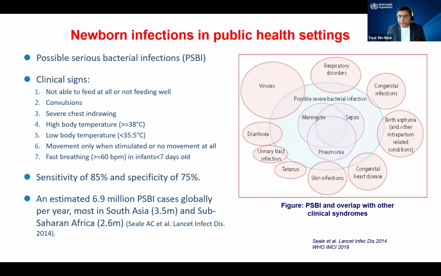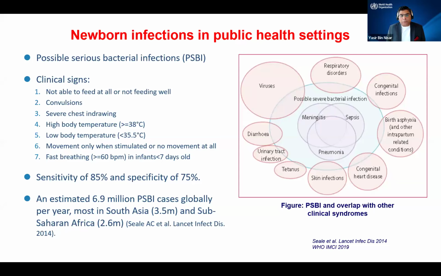Then two signs related to temperature: high body temperature, fever, or low body temperature, hypothermia. Then two signs related to movement, because it's very important to see the movement of the child: movement only when stimulated, or no movement at all, like lethargy. And then one sign related to respiratory rate, which we call fast breathing, with a cutoff of 60 or more breaths per minute in an infant less than 7 days old.